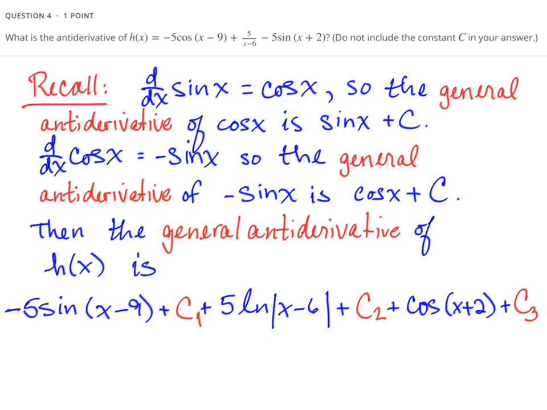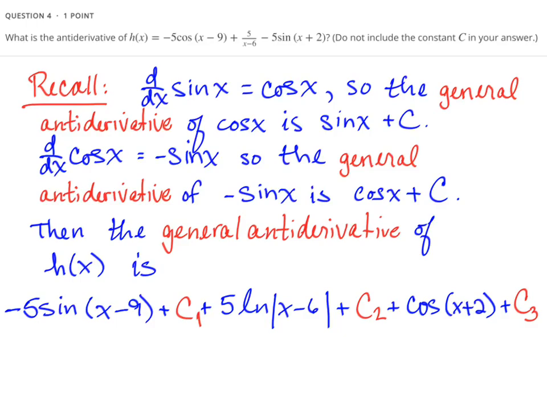So each of those antiderivatives has some arbitrary constant. And if I use the same letter c for each one, that would sort of imply that they all get the same constant. And they don't necessarily get the same constant. So that's why I'm using c1, c2, and c3.